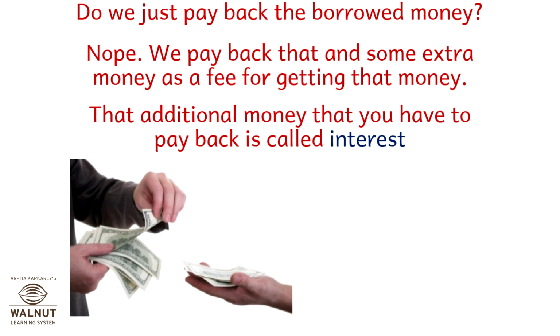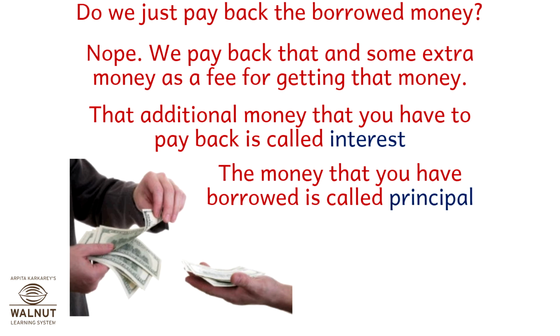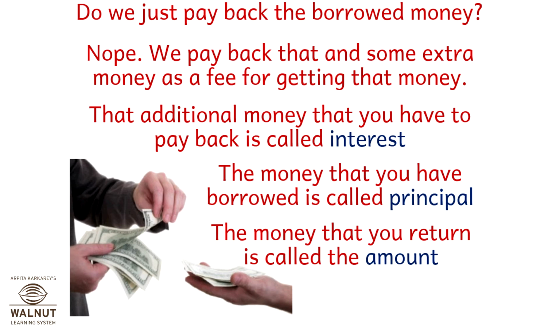We pay back that and some extra money as a fee for getting that money. That additional money that you have to pay back is called interest. The money that you have borrowed is called principal. The money that you return is called the amount.